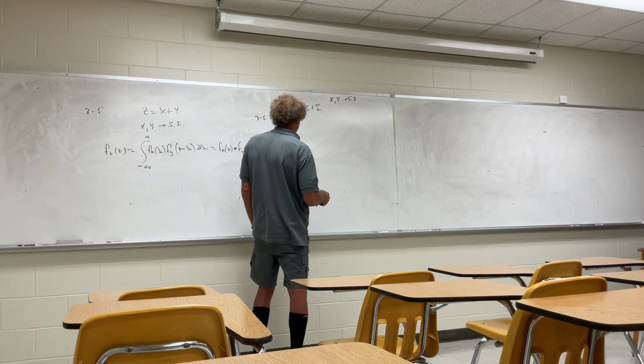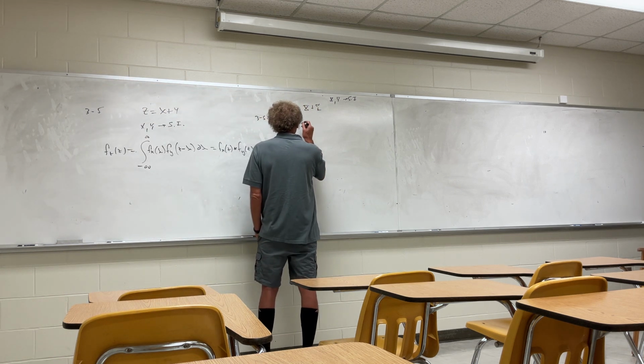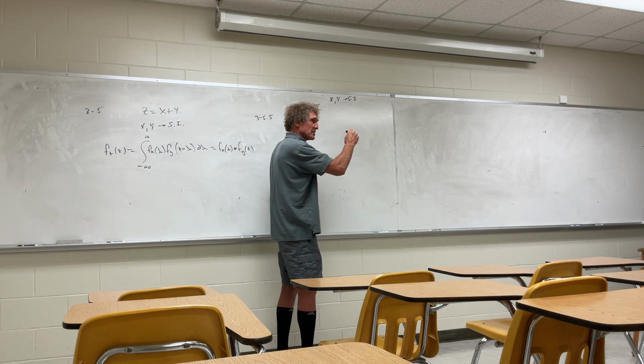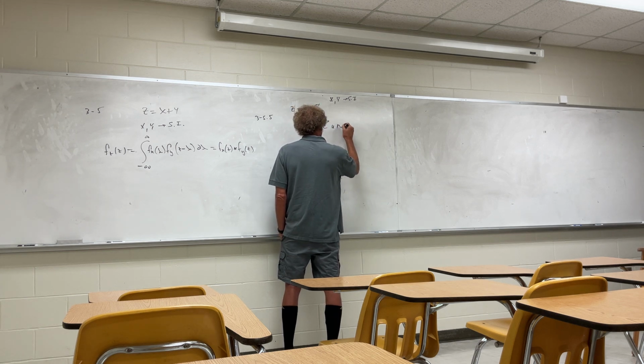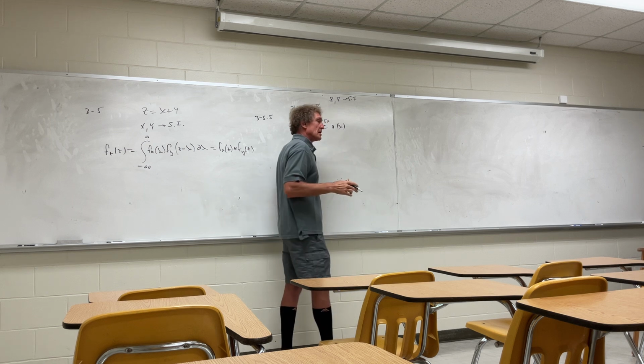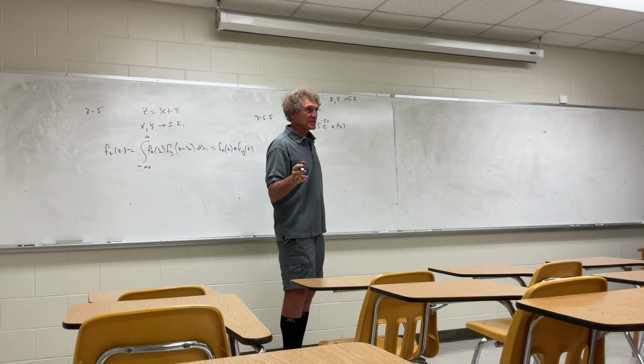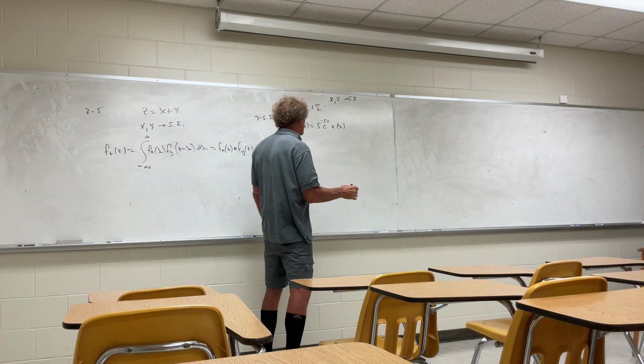So back to this. Here they give you f_X(x) equal to 5e^(-5x) times u(x). These are the ones you love, by the way. They're real easy to do, and you don't have to do convolution. He doesn't say that right there, but I'm telling you, you do not have to do convolution.